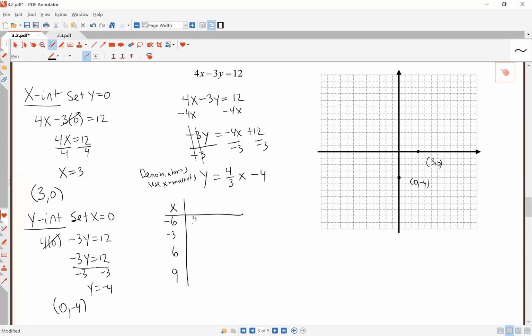So 4/3 times -6 over 1 minus 4. The 3 goes into 6 twice. That's 4 times -2 is -8, minus 4 is -12. So (-6, -12).